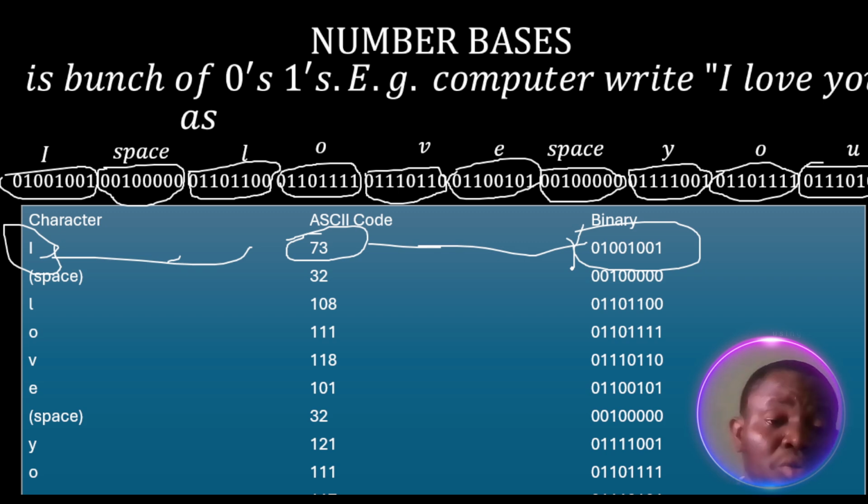This is very important because tomorrow, maybe later on, you will be the next person to invent the next number base that is very important to solve a critical problem. But this particular ASCII code, which is the American Standard Code for Information Interchange, does not cover all the letters in the world.